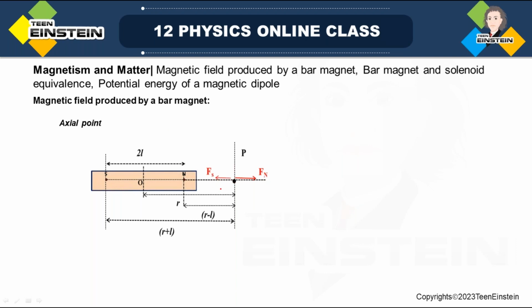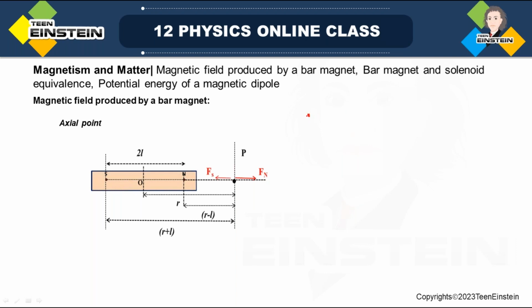Just like the electric dipole, as I said, we are using the concept of Coulomb's law, the concept of electric field itself. So I can treat these two magnetic charges as two separate magnetic charges, just like an electric dipole.